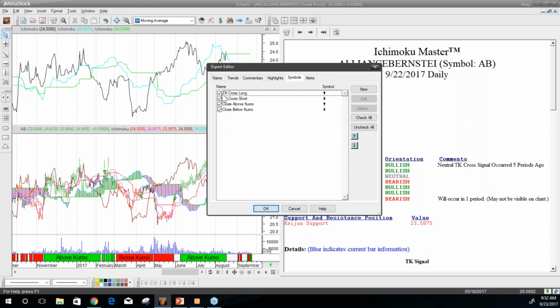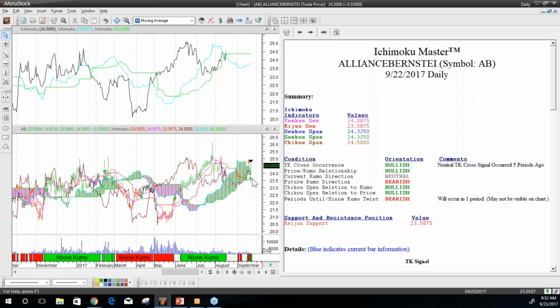These are the two main signals Robert was talking about, close above the Kumo, close below. You can just check them all and click on OK. And this is the view I prefer. I just like to see when those major crosses come in on the chart. So that's a little bit of advice in terms of what I'd like to see.